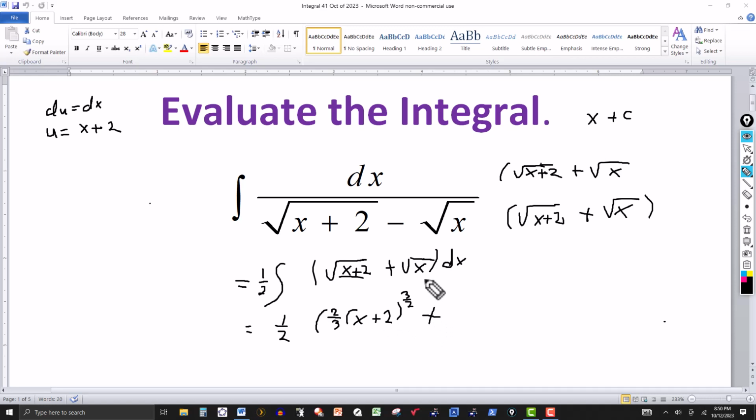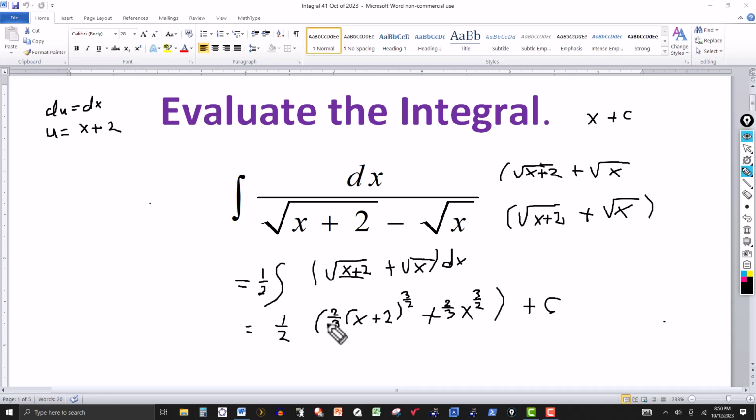It's the same thing as x to the 1/2. Just doing it over again to make sure here. So add 1 to the 1/2, I get 3/2. Divide the coefficient 1 by 3/2, I get 2/3. And then it's plus the constant of integration.